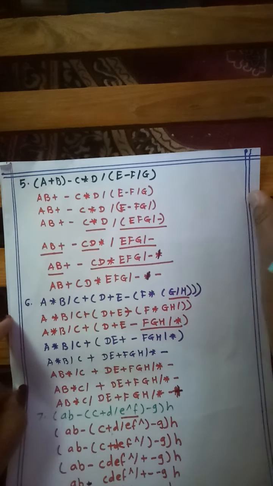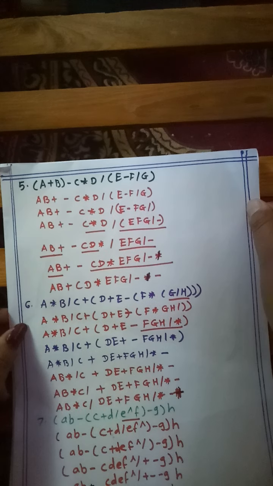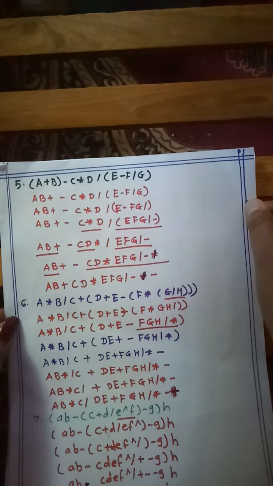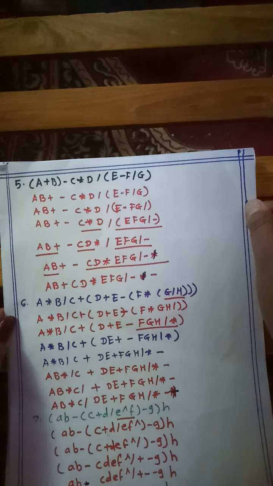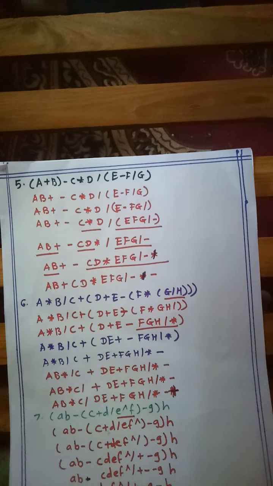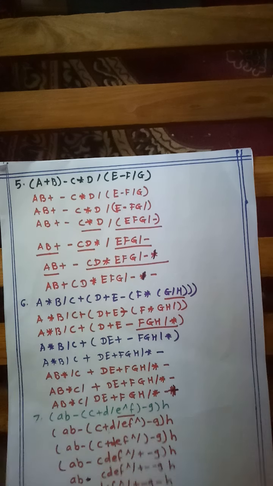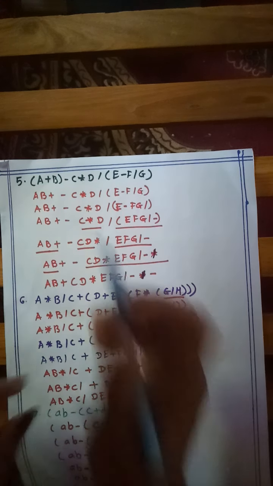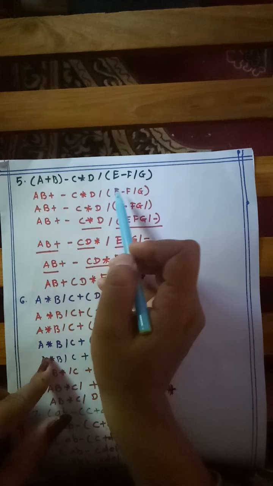Now next is the fifth example. See, the fifth example is A plus B in the bracket, minus C star D slash, in the bracket E minus F slash G. Now we convert this into the postfix form. Now here we solve the first bracket.